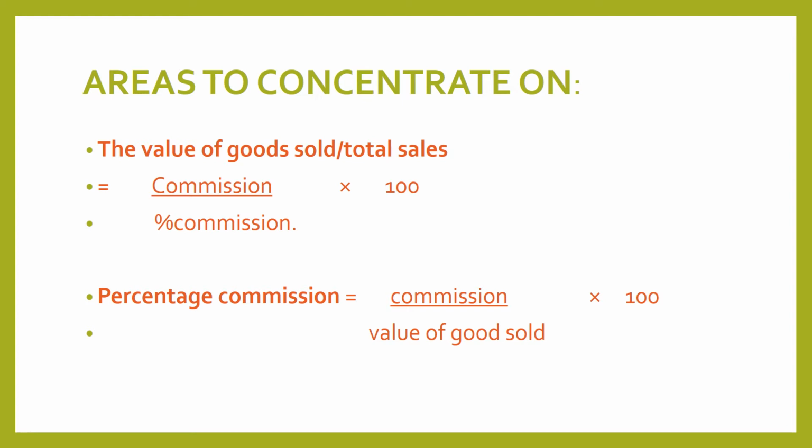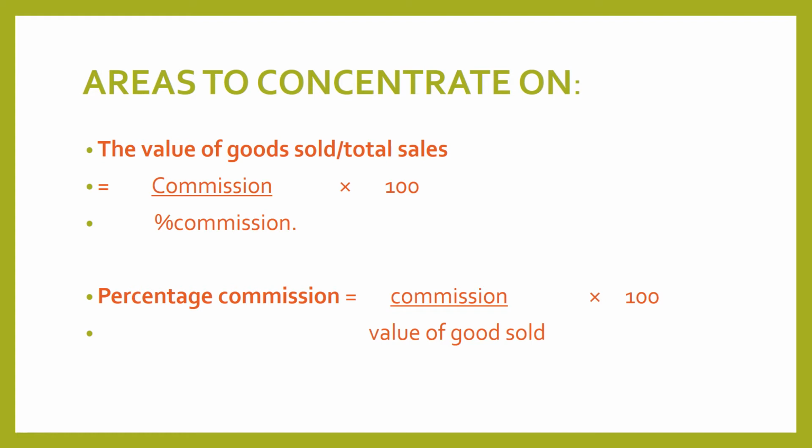If you look at these two formulas, you must multiply both by 100, and both start with the commission. If I'm asking you to find the percentage commission, you say commission over value of goods sold. But if I'm asking you to find the value of goods sold, it is commission over percentage commission.